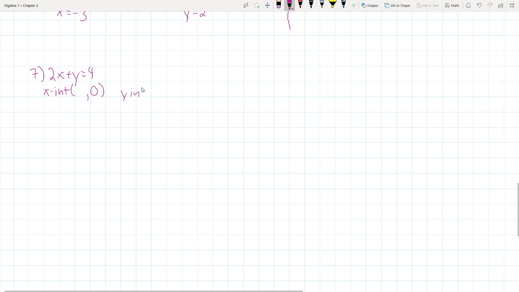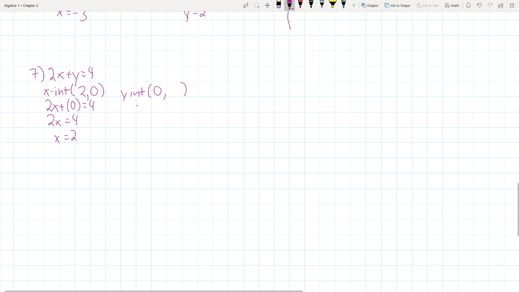And my y-intercept, where I know my x value is 0, but I don't know my y. So in solving this, I go, okay, 2x plus 0 equals 4. I get 2x equals 4, so I get x equals 2.